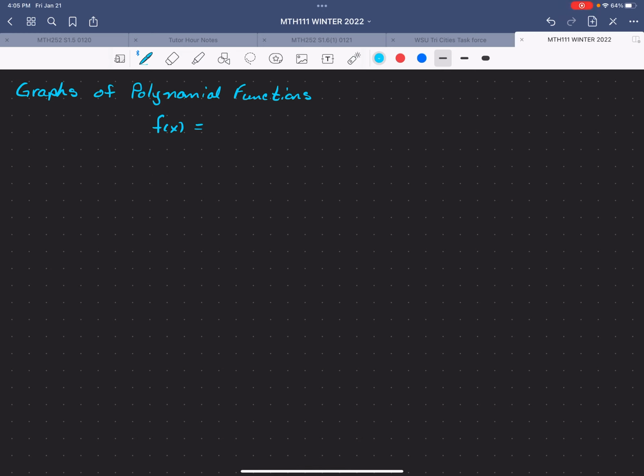And those terms can look like 3x squared plus 5x plus 1. That's a polynomial function. Another polynomial would be 9x to the fifth minus 4x to the third plus 3x. That's a polynomial function.